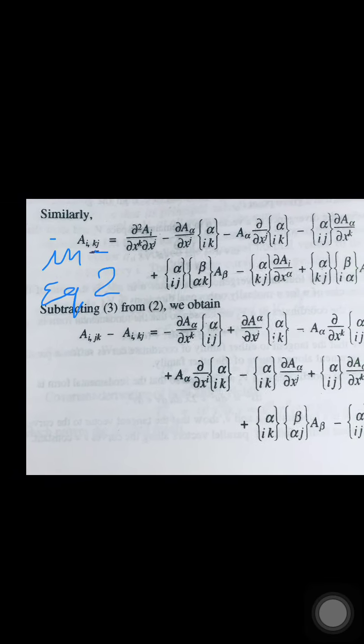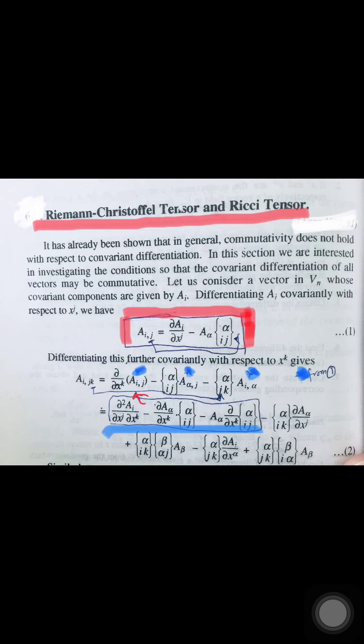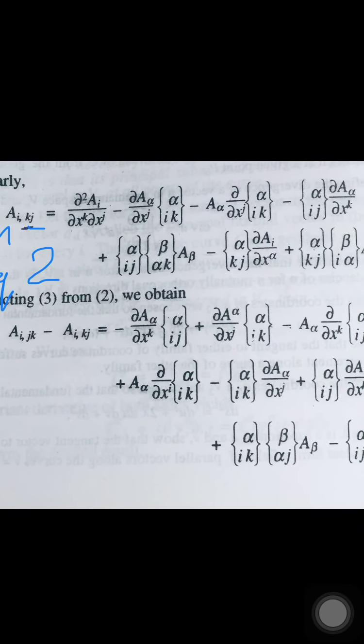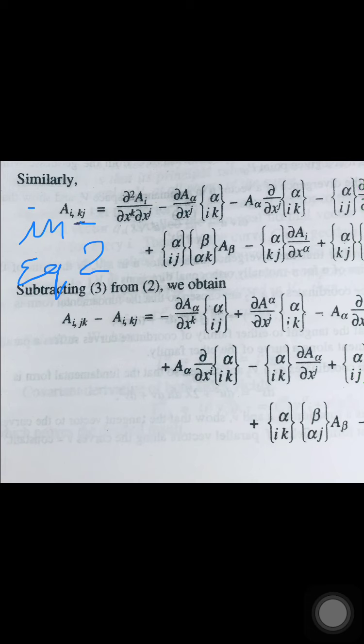In equation 2 we change jk into kj. Okay, what we are doing in this equation, A i comma jk, we get seven terms. We interchange jk by kj. Okay, j to k, k to j, and we get this equation 3 of seven terms easily, which is A i comma kj. This is known as equation 3.